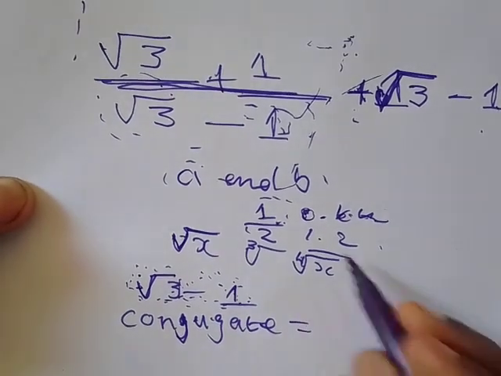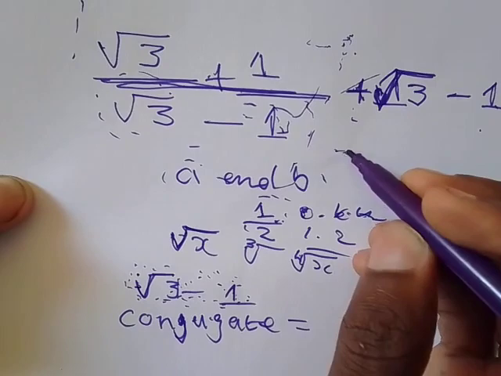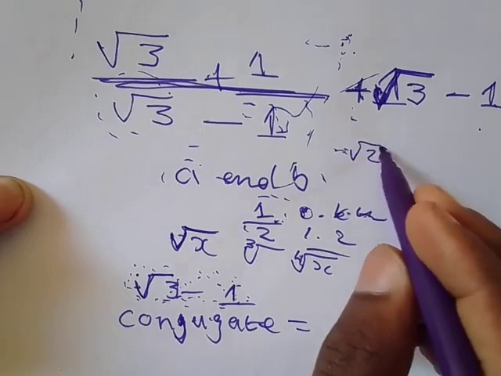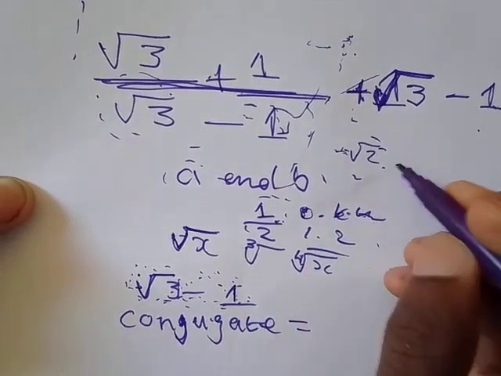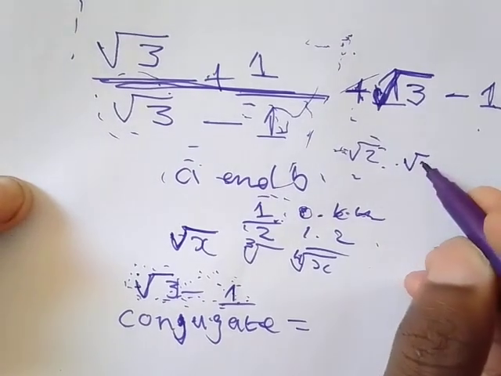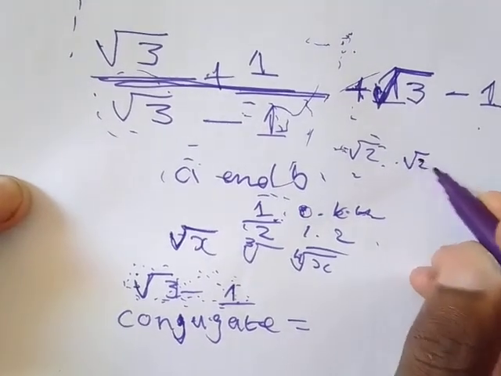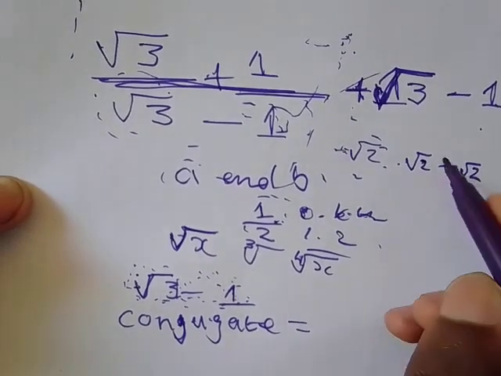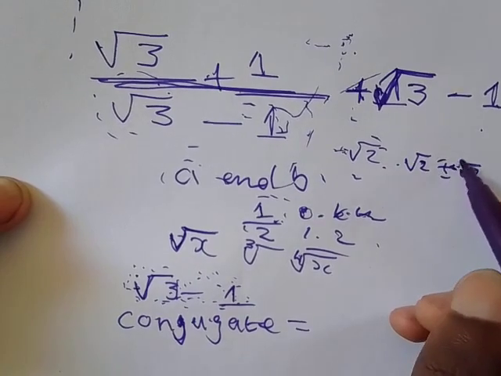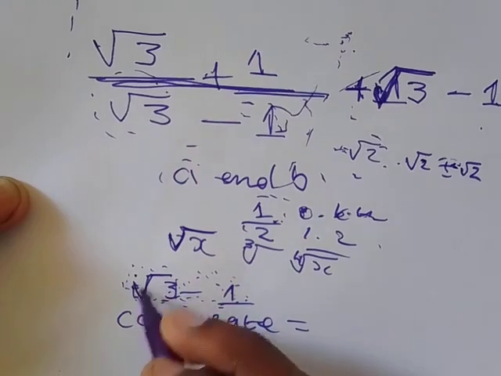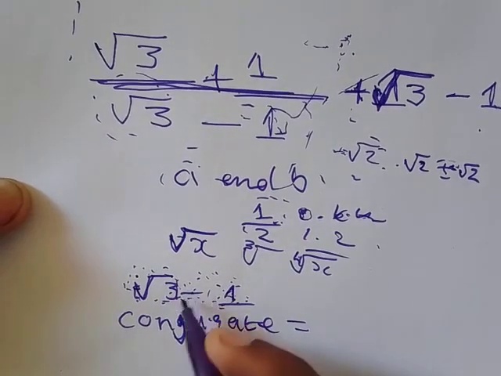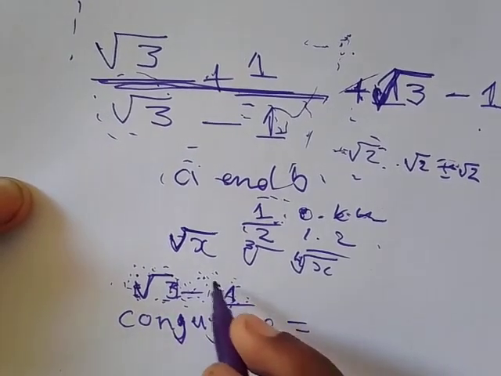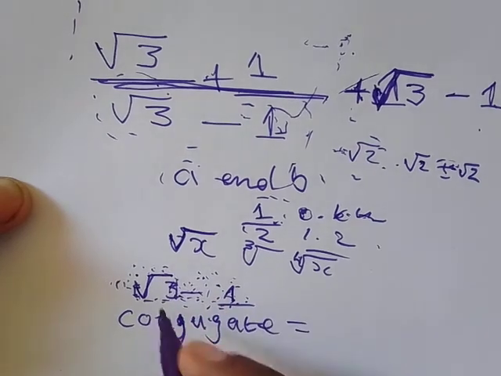In a case where, let's say, on the denominator you just have 2, without anything added, you don't do any changes. In a case where you have two numbers added, you just change the symbol in between. In a case where one is a radical and one isn't, you either maintain this constant and change this, or you change this sign and maintain this constant.